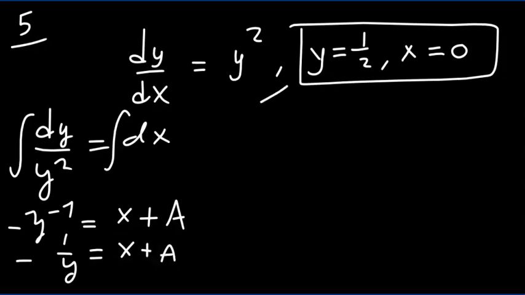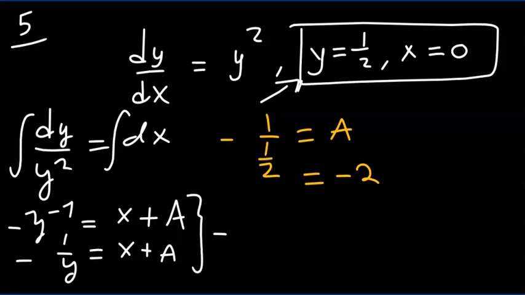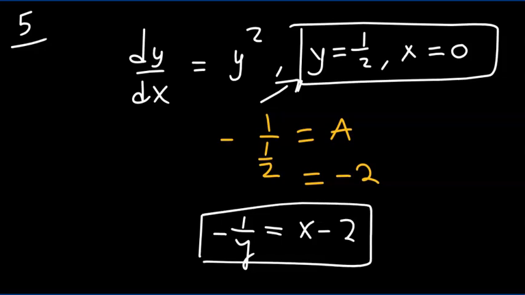Now let's apply the initial condition that we are given. When y is half, x is 0. So that means a is just minus 2. You see, immediately the solution will become a particular solution in the following form. Let's try to express y in terms of x.